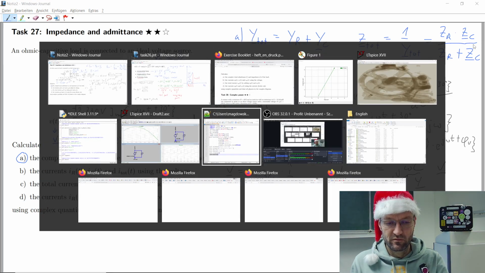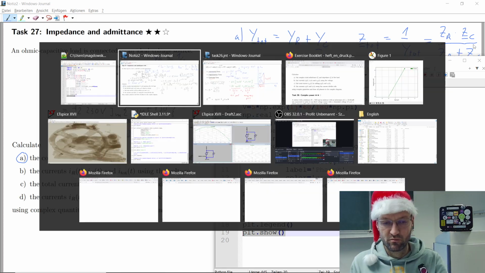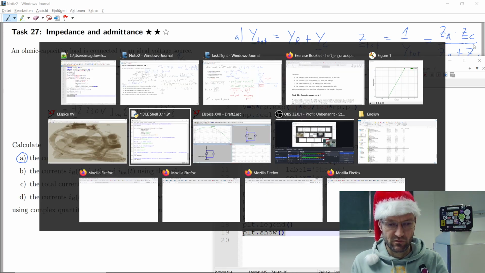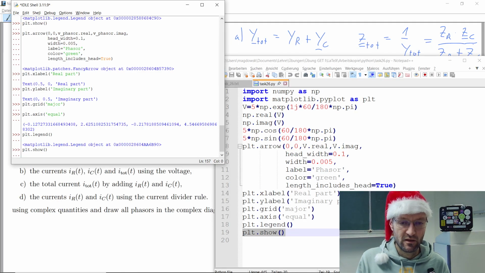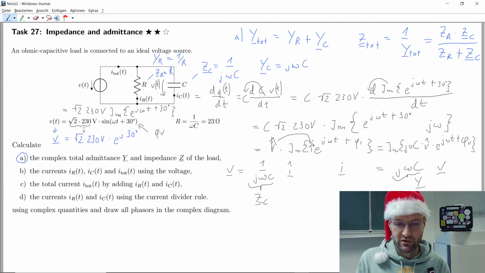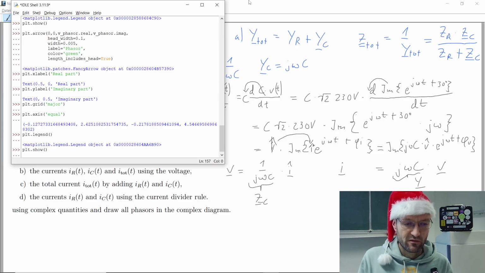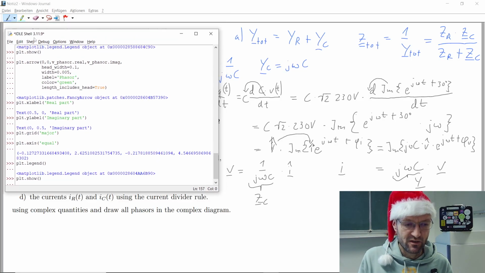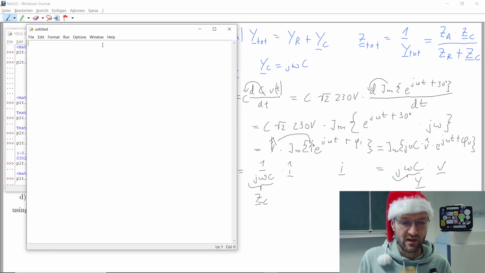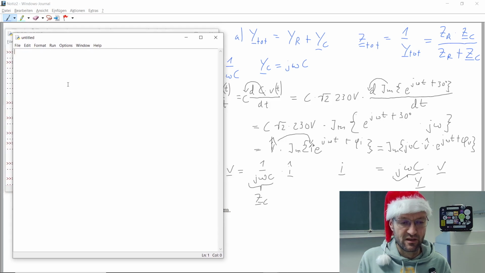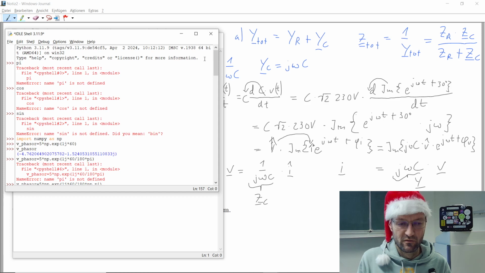So I will now go back to my Python window and try to do the calculation there. My mouse also already went to sleep. I will open up a new file and write some stuff there, because then I can just rerun it all the time if I make some mistakes.